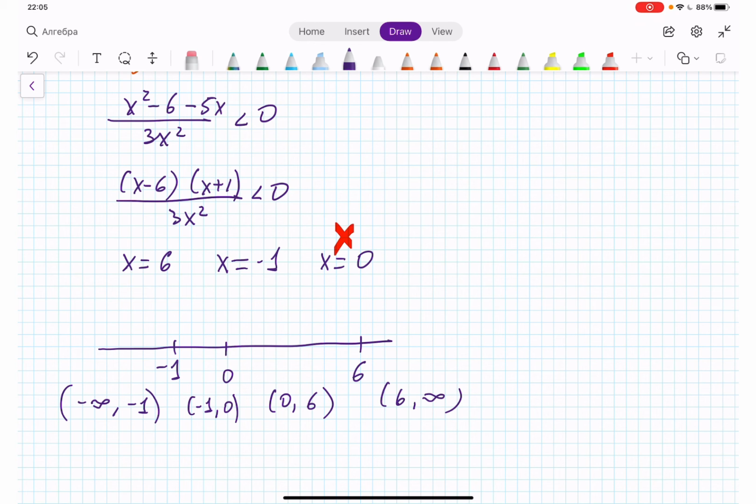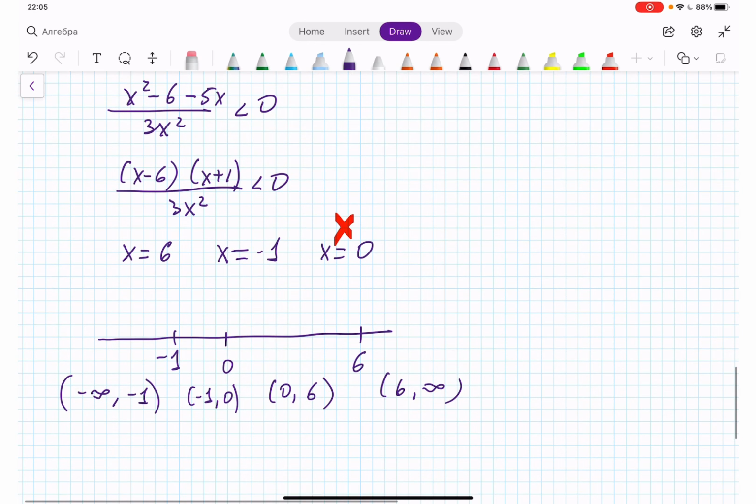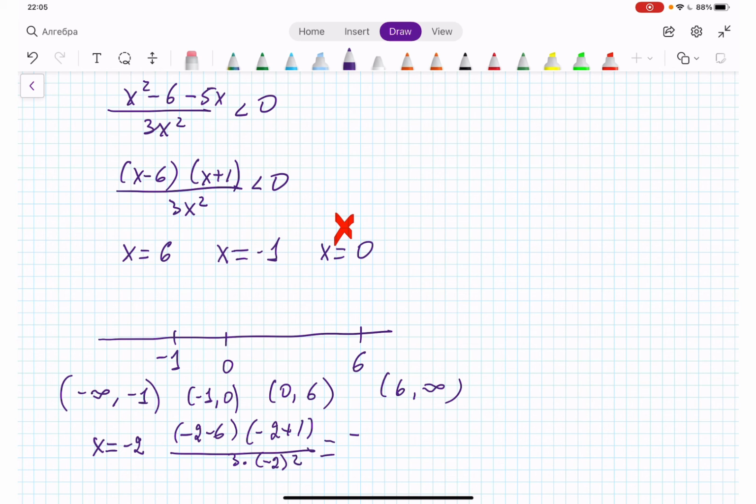All right, so I'm taking between -infinity and -1, so taking x is equal -2. Which means it's going to be -2 minus 6, -2 plus 1, over 3 times -2 squared. Okay, we are getting -8 times -1 divided by 12.